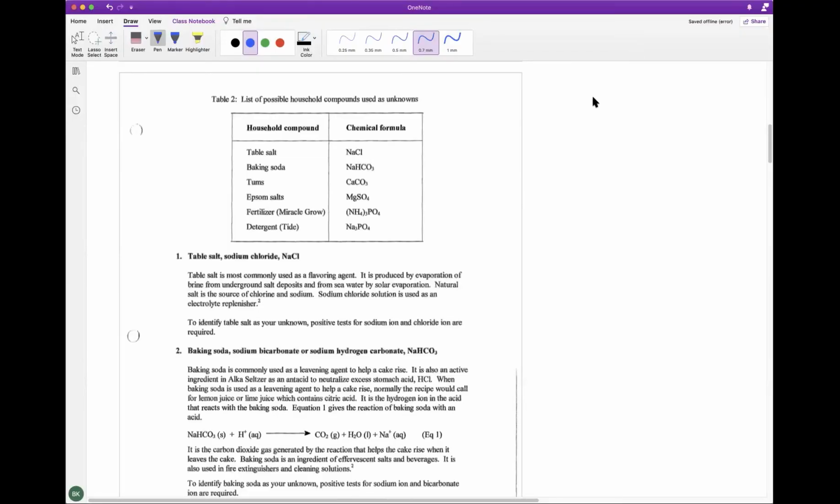So if you recall, when we did the separation of a mixture experiment, we had a solution that had sodium chloride in it, NaCl, and it was in water. So we had basically salt water. That was the bay water.